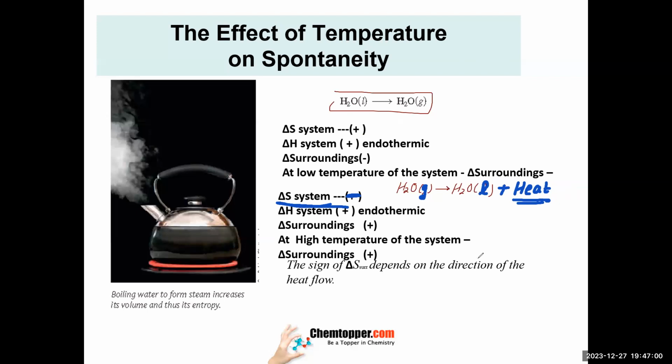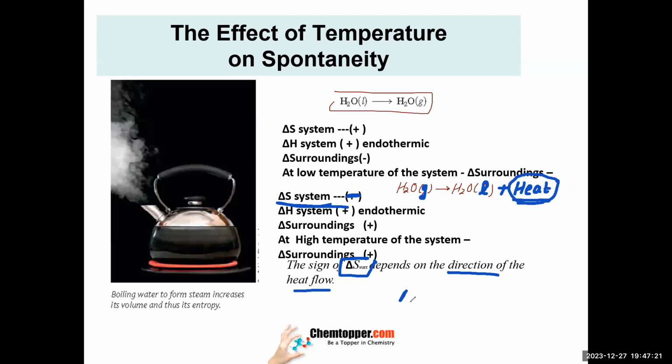Heat is always flowing from high temperature to low temperature, that is the direction of flow of heat, right? So delta S of the surroundings depends on the direction of the heat flow. Like here, heat is flowing to the surroundings.